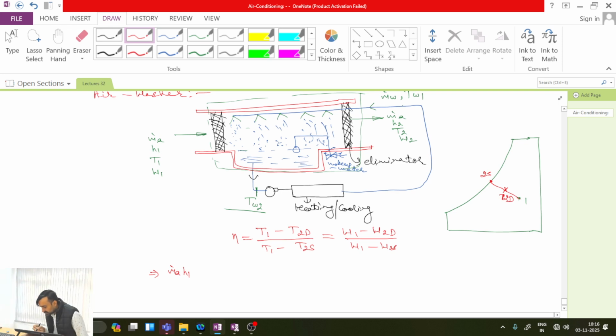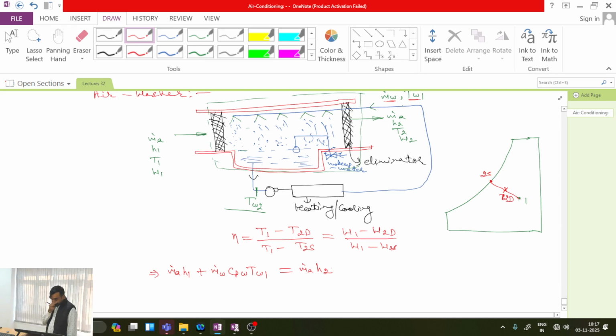Other than that, you can see over here m dot w amount of water is coming in, and with what temperature? TW1. Considering it to be in the liquid state, I can write plus m dot w CPW into TW1. Correct? This is the energy coming in. What is the energy going out? Energy going out is m dot A, and with how much enthalpy? H2.